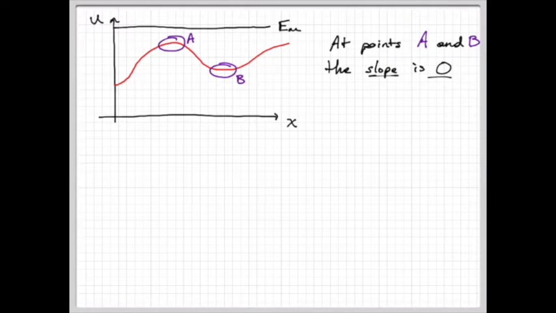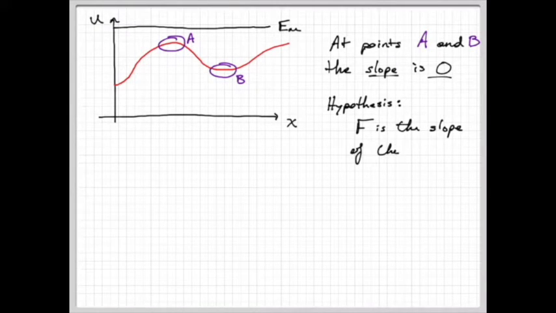Okay, so let's make a guess. Let's make a hypothesis here that force F is the slope of the energy diagram. All right, so then let's try to make a proof for this.